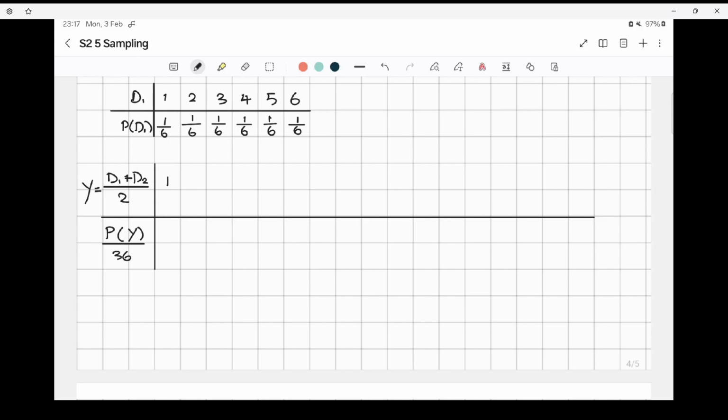If one rolls 1 and the other rolls 2, 1 plus 2 is 3, and then you divide by 2, so you get 1.5. Then you repeat the whole process. You have 2, 2.5, 3, 3.5, and then 4, 4.5, 5, 5.5, 6.